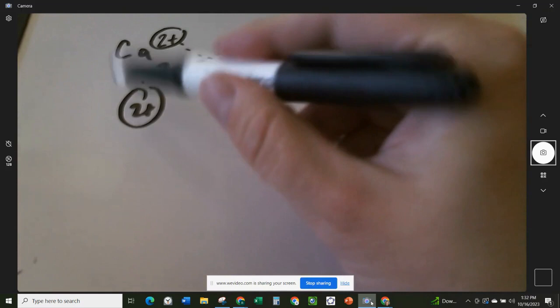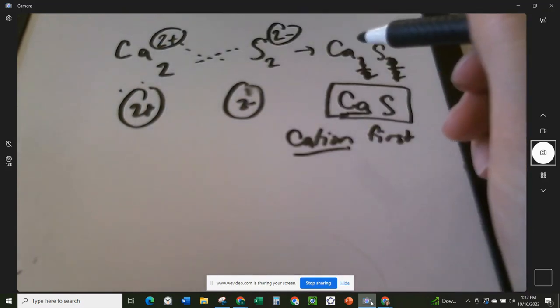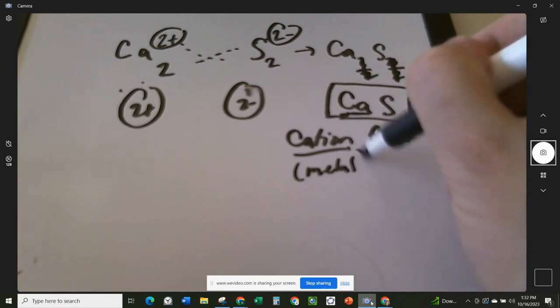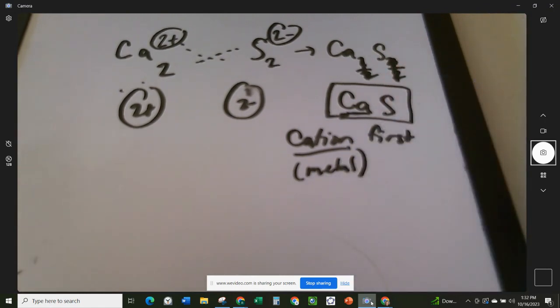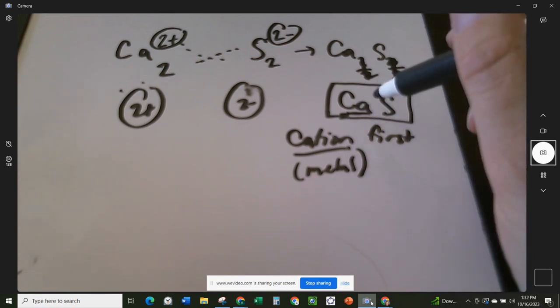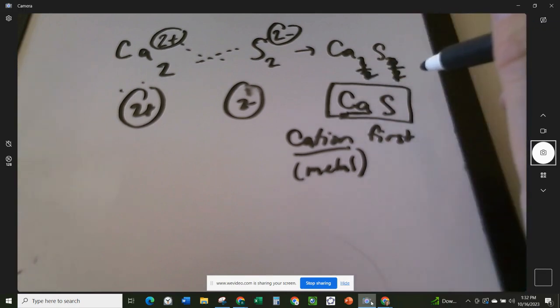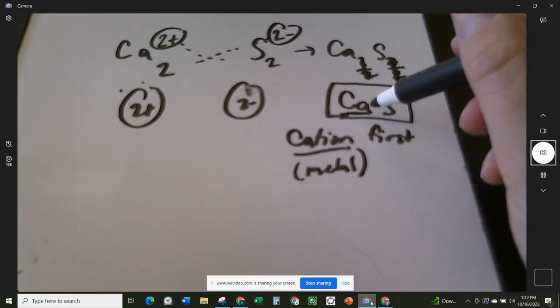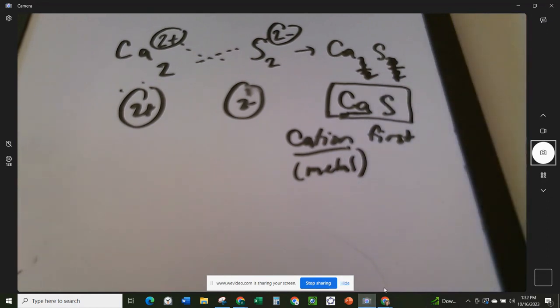So calcium forms a 2+ charge, and usually that's the metal atom that goes first. Some of our ions are cations, and those would go first in an ionic compound, but generally that's the metal. So metal goes first. Don't write charges. Don't write 1 subscripts. Okay, so that's our empirical formula.